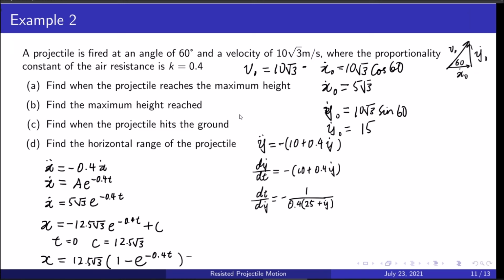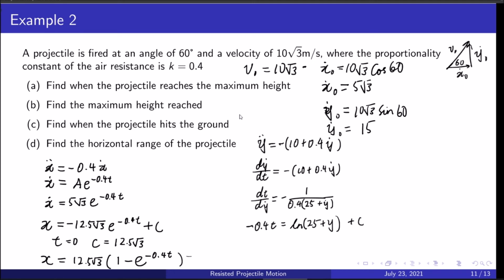Okay, so we integrate this, we end up with negative 0.4 t equals, so I'm just going to move 0.4 t to the other side, equals log(25 plus y dot) plus c. I'm not going to write everything out in detail because we have done this multiple times, but if you want, you can try to write everything out yourself.